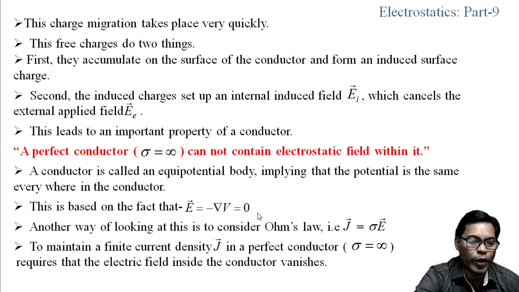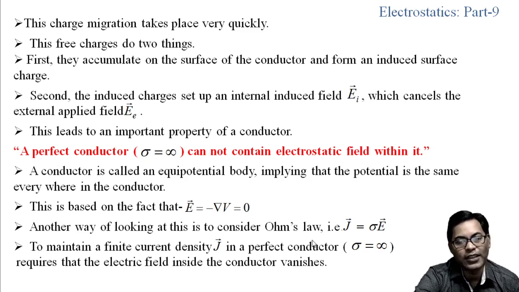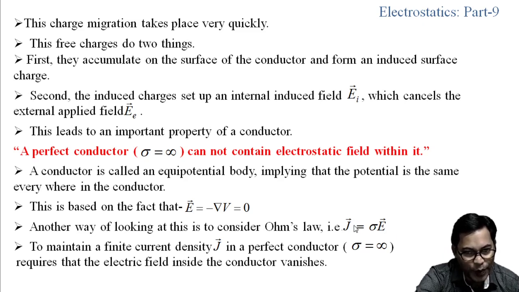From that we can say this conductor is an equipotential body. In another way, we can understand this by considering the point form of Ohm's law, J equals sigma E. To maintain the current density J finite for a perfect conductor, E must be 0 because sigma is infinite.